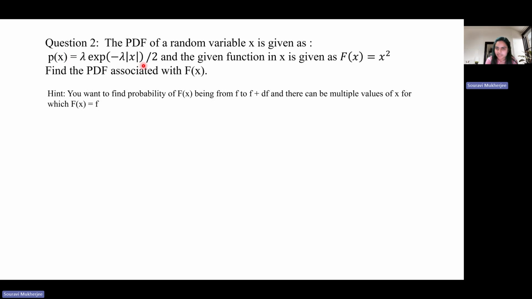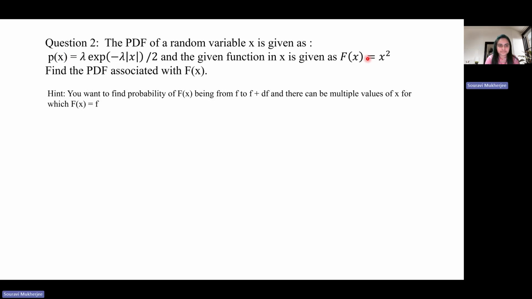Add them up, and that in a way gives us the probability of f(x). Understood, right? The probability of f(x) being equal to f corresponds to considering that there are multiple values of x, each with different probabilities, which would result in f(x) being equal to f. We have to use that.